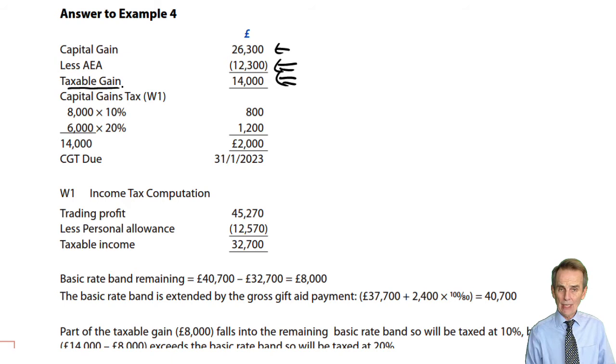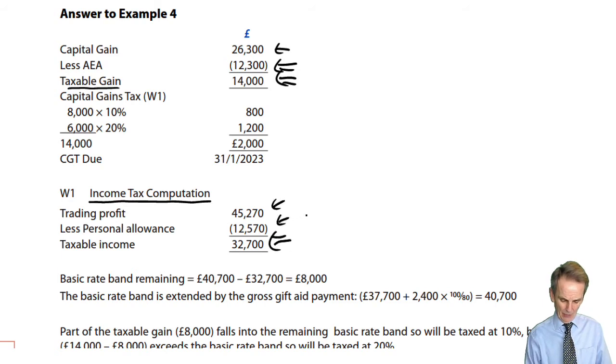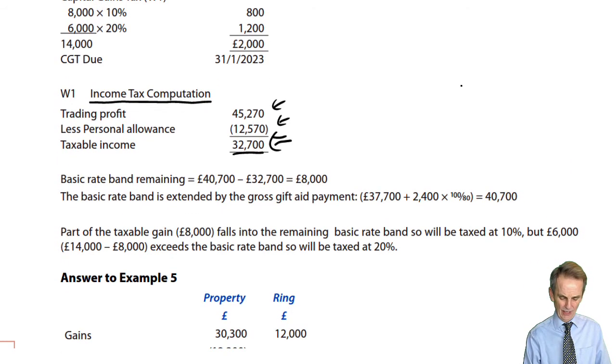To be able to tax it, again, we need to know what asset it is as regards whether any specific, either lower or higher rates may apply as compared to your ordinary rates. And we also need to know off the income tax computation here in working one, what was our taxable income? Well, we took our trading income less our personal allowance, and that gave us the taxable income of 32,700.